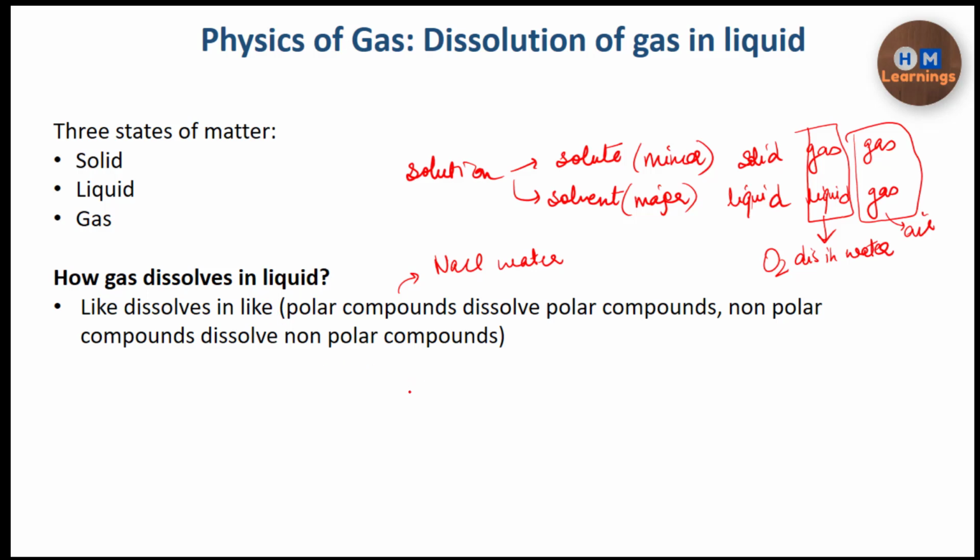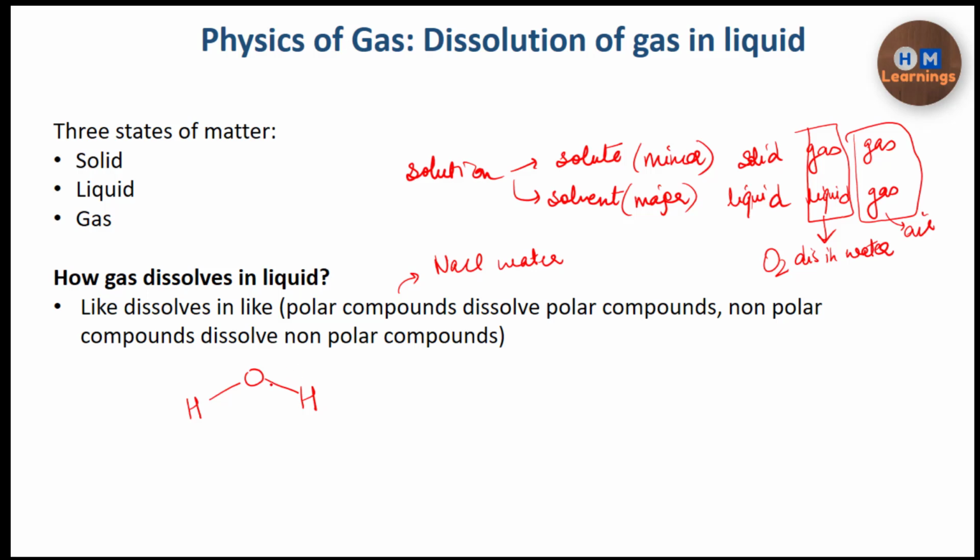Basically, if we take the example of a polar compound, we have water. Water has one atom of oxygen and two atoms of hydrogen. The bond between oxygen and hydrogen is called a covalent bond.